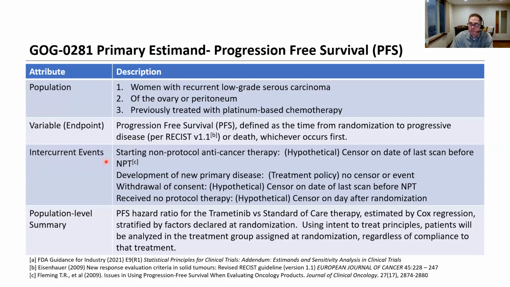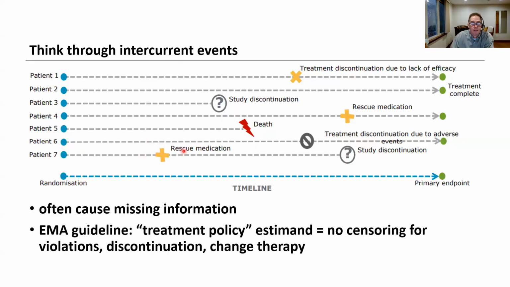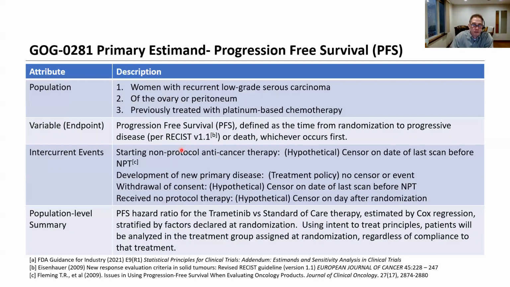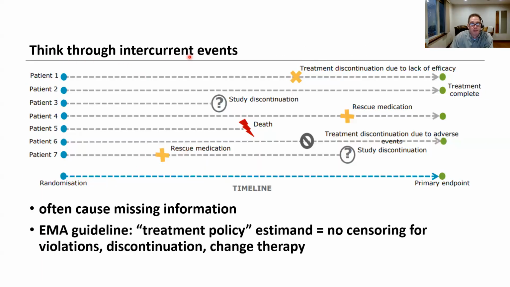They sort of had recommendations in their guidance documents, but they never called them out so explicitly in the definition of the estimate. And the issue here is that for these intercurrent events, it gives you a chance to really think through them. So on a time to event analysis, there are lots of things that can happen to the patient before she gets to the point of progression, right?